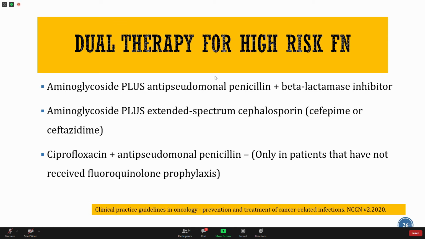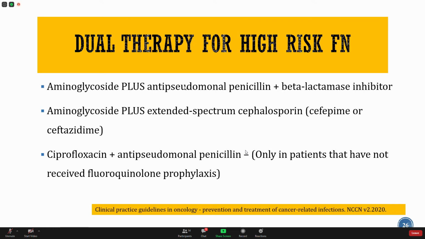So we included the aminoglycoside amikacin to cover ESBL during the first 48 hours. If there is no documented infection after 48 hours, we stop amikacin. And if there is ESBL, we change both amikacin and tazocin to imipenem or meropenem. So based on the antibiogram of the institution, people can use dual therapy for high-risk febrile neutropenia.